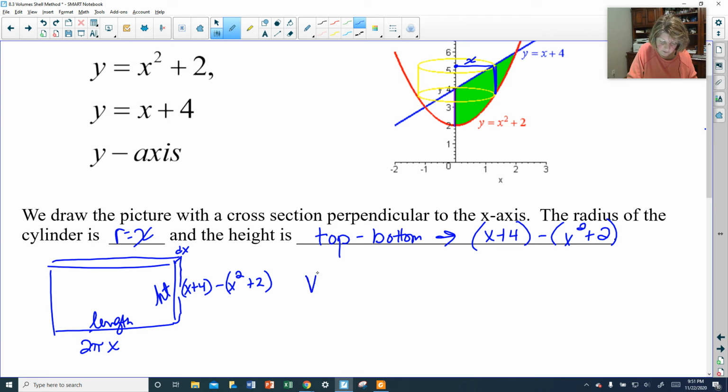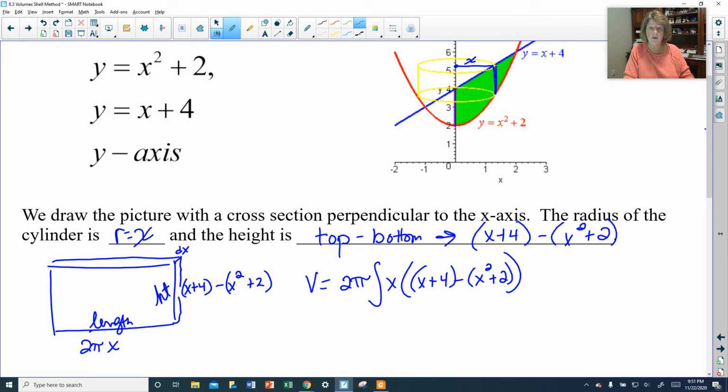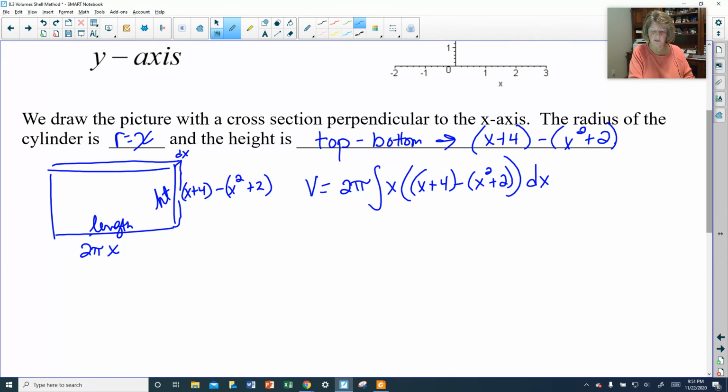That drives us into our volume formula of 2 pi x times the height, x plus 4 minus x squared plus 2. We should be able to simplify that. Notice there's no big R squared or anything like that going on, as in disk and washer. We just get 2 pi r times the height. Let's simplify it a little bit.